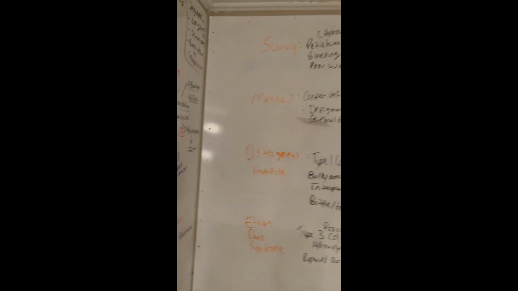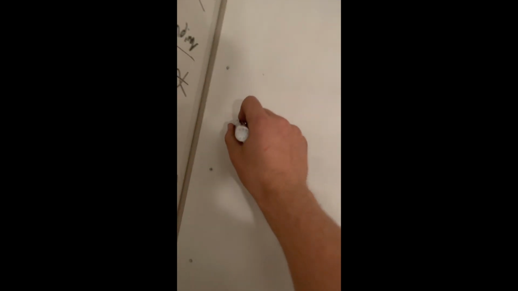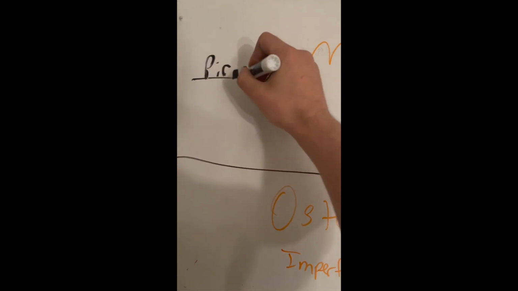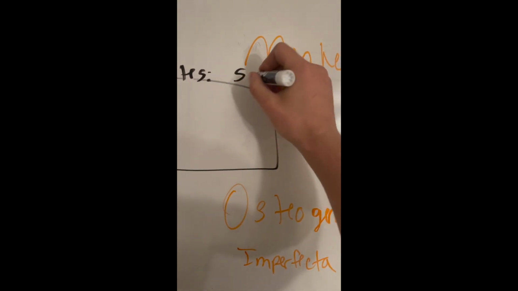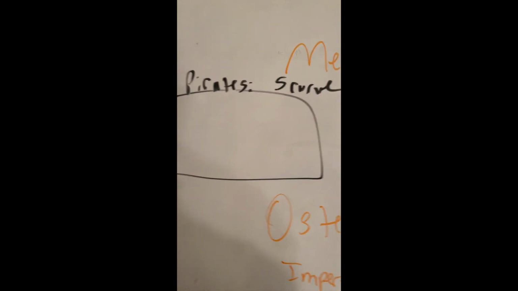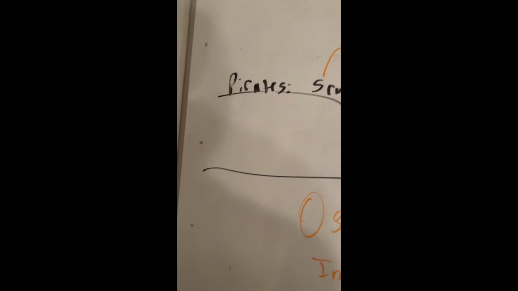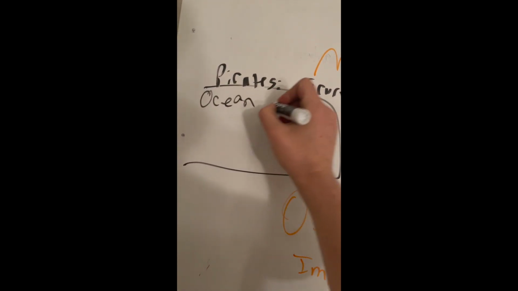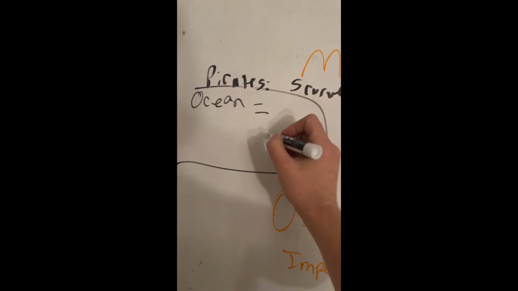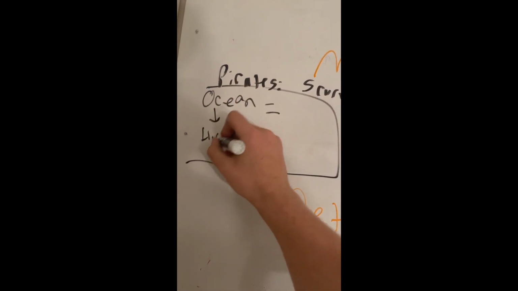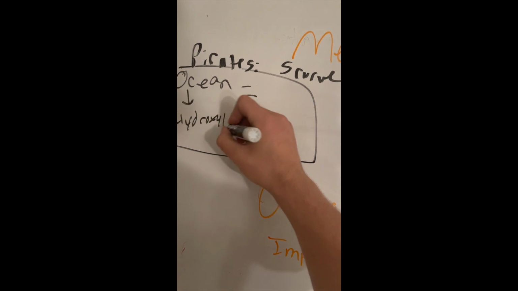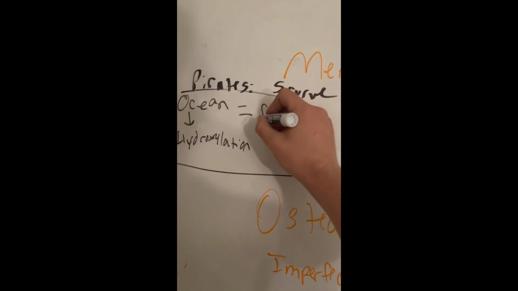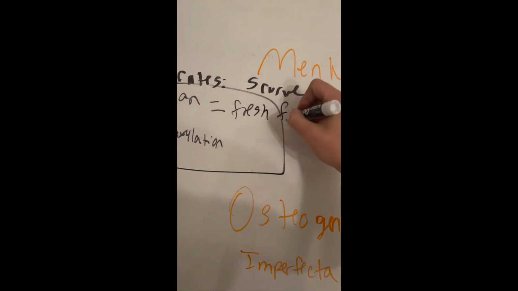Okay, where is this common? This is common in pirates, right? Pirates are usually or used to get scurvy, right? Okay, how can we remember this? Okay, pirates are out in the ocean, right? If they're out in the ocean, they do what? We could say hydroxylation, ocean hydroxylation, right? But if they're stuck at sea, do they have fresh fruits or vegetables?